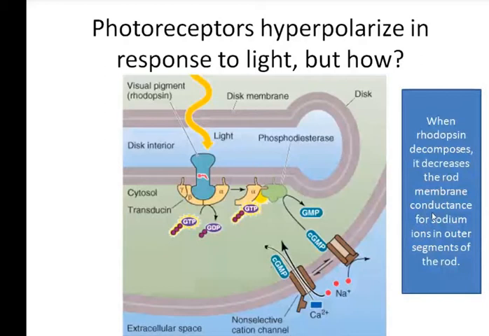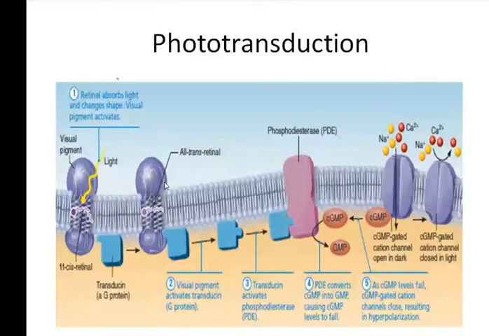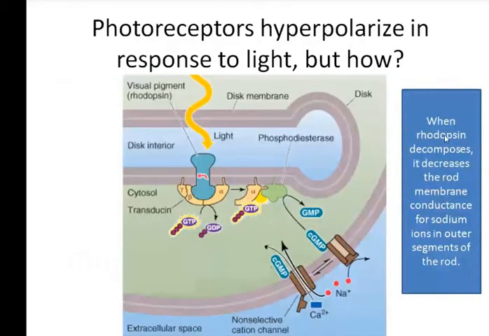All this phenomenon that I have just shown you is occurring in the outer segment of the rod. So when the light is there, it closes the cGMP-gated channel, meaning there is no influx of sodium. This is the same thing: when rhodopsin decomposes due to light, it decreases the rod membrane conductance for sodium ions in the outer segment of the rod. Is this clear?